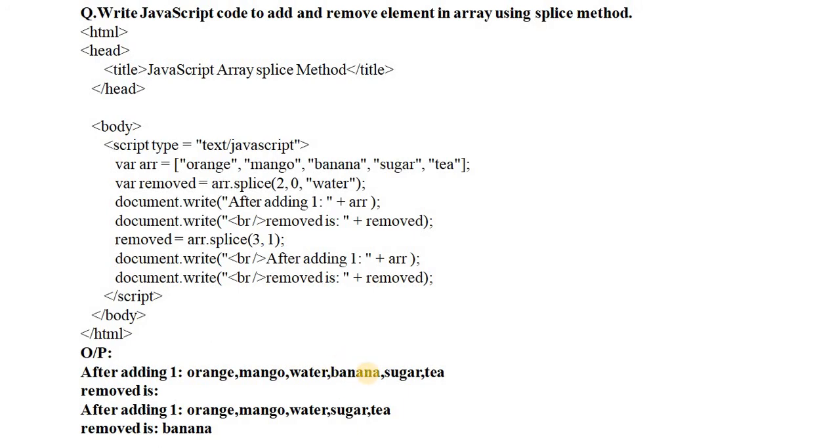So banana is removed, and after that sugar and tea are printed on the web page.